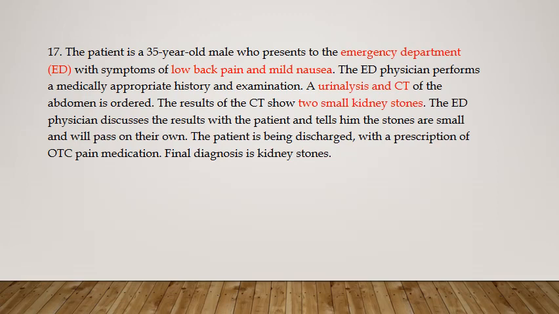Now identify the MDM level. What are the complaints? Low back pain, mild nausea. And what is the reason for the low back pain and mild nausea? 2 small kidney stones. So the low back pain and mild nausea are only small minor problems. Moving on to the final diagnosis, the 2 small kidney stones, it is clearly stated that the stones are small, so small that they will pass through urine.